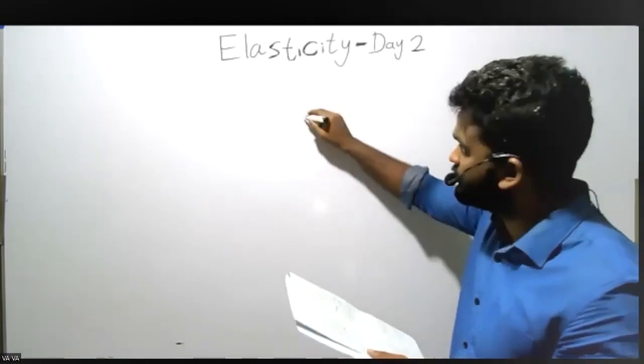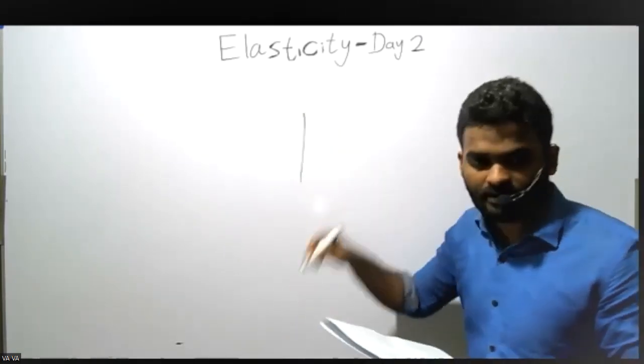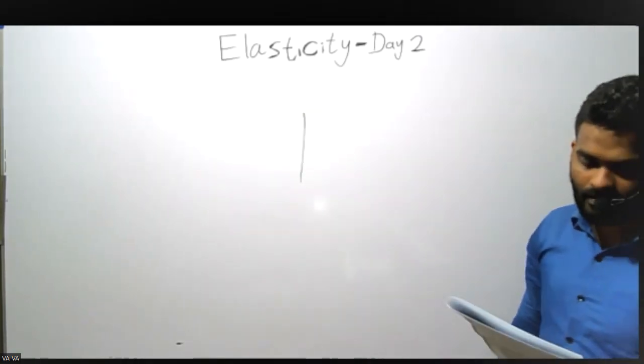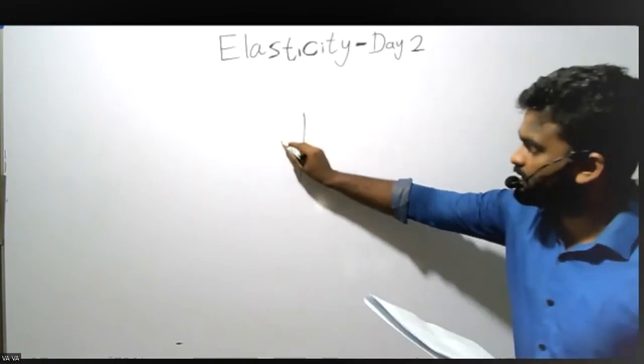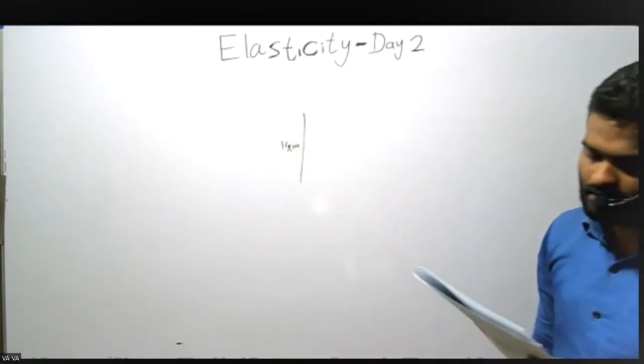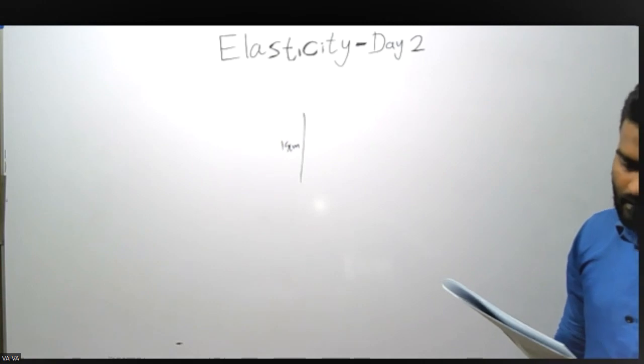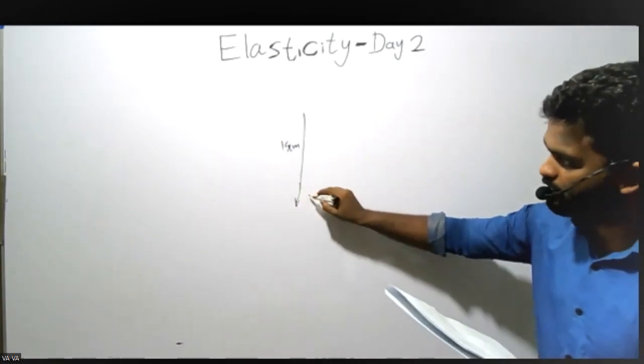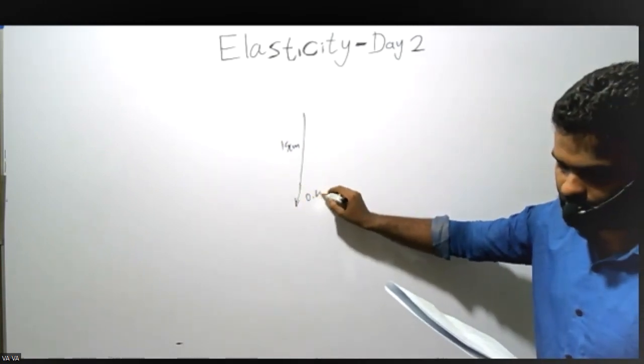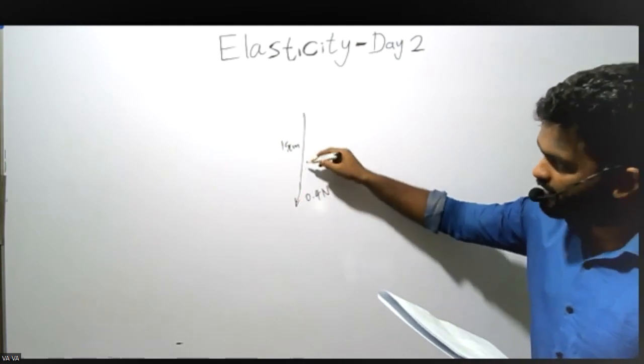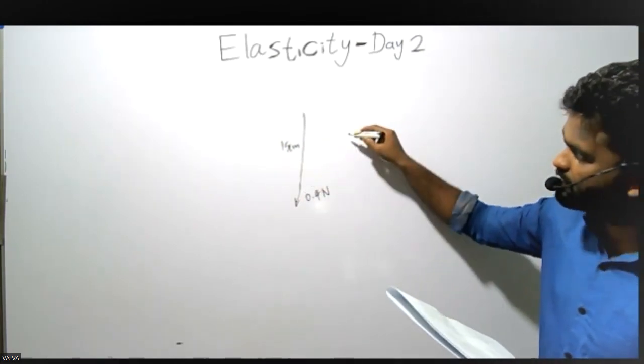So we have a rubber strip, 15 centimeter length. Then it is pulled down by a force of 0.4 newtons. Its length becomes 27 centimeters.